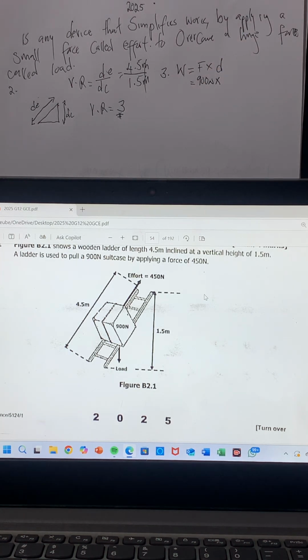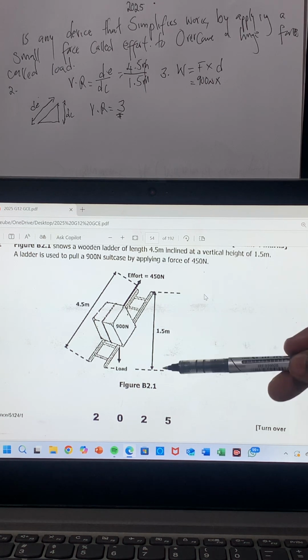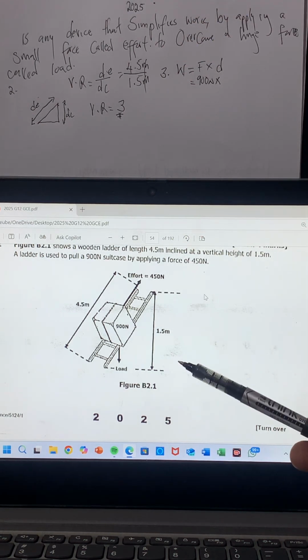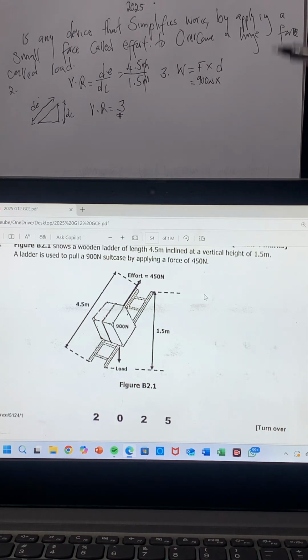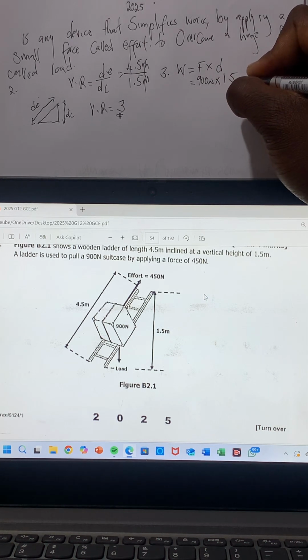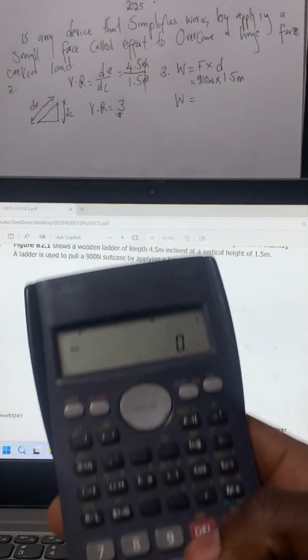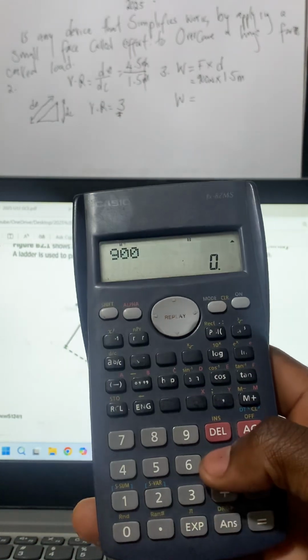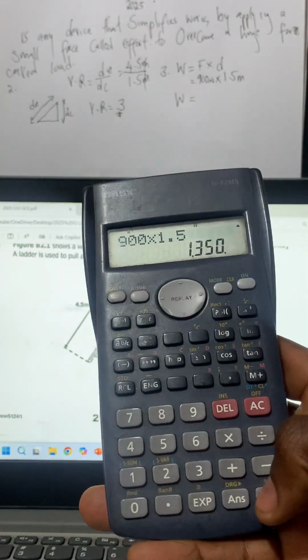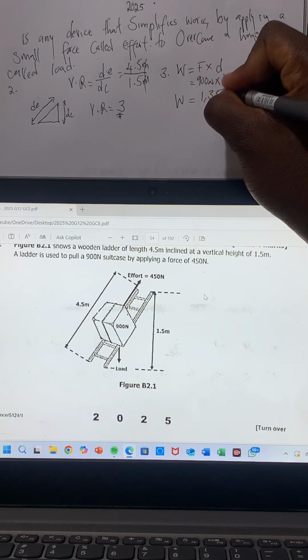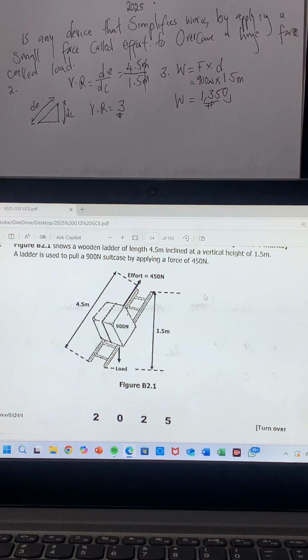Against gravity, the distance is always the height, because gravity is the force which pushes objects down to the center. So you put 1.5 meters. Our work done equals 900 times 1.5. This gives you 1,350 joules. This is the work done.